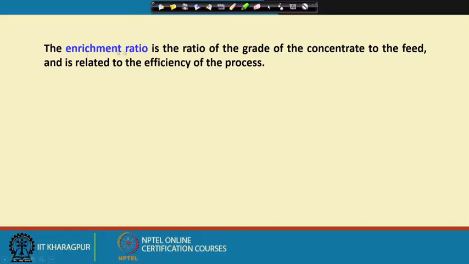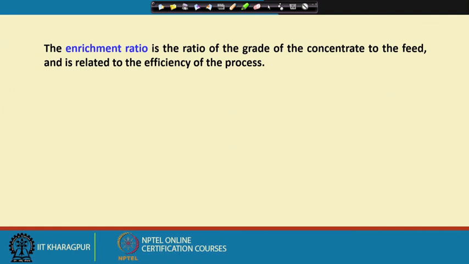What is called the enrichment ratio? It is the ratio of the grade of the concentrate to the feed. That means, in the feed I have got 1% copper and in the concentrate you are having 28% copper. So, it is the ratio of the grade of the concentrate, that is 28, and the feed, which was 1%. So, the enrichment ratio is 28.